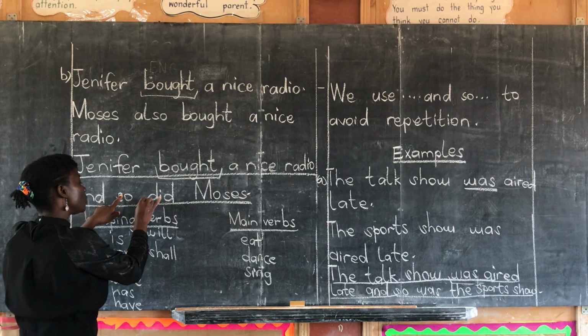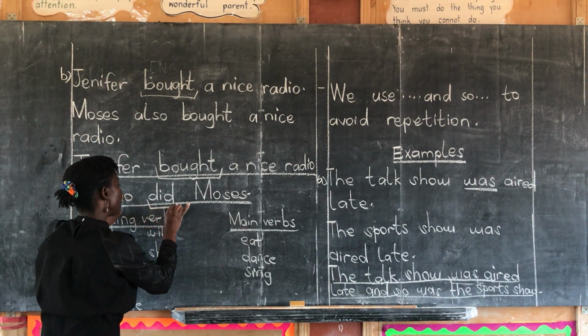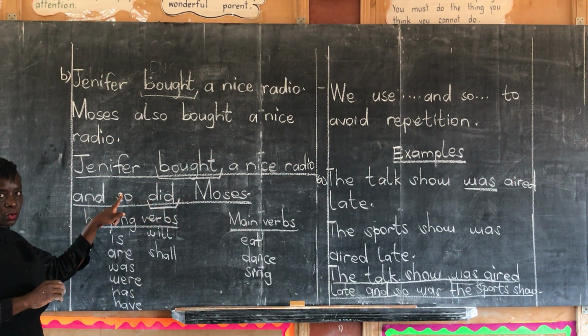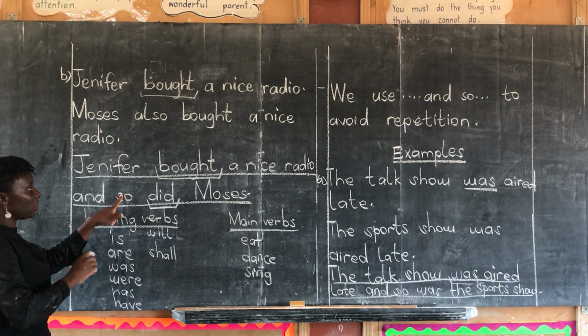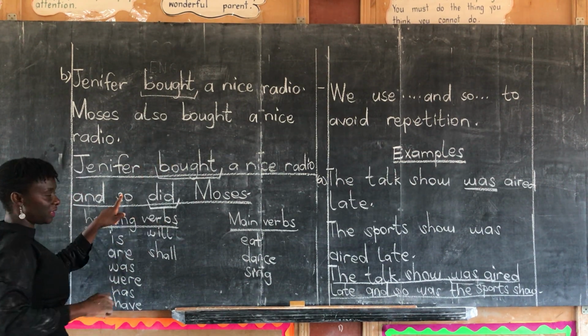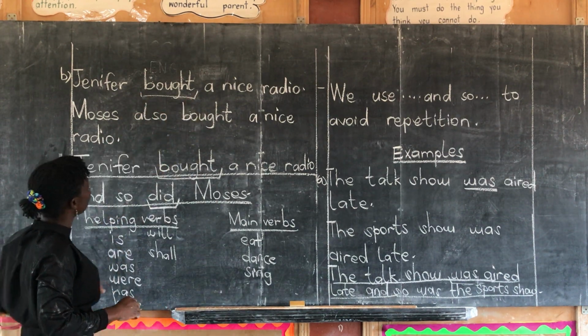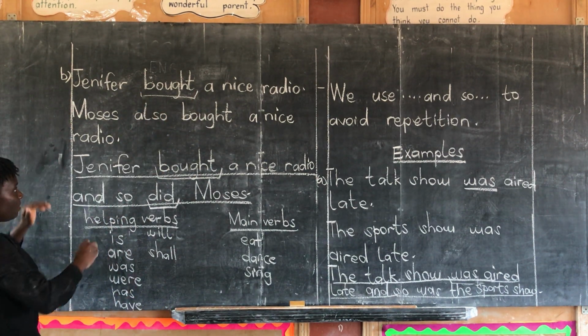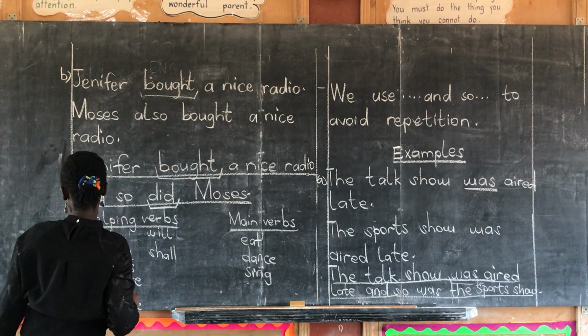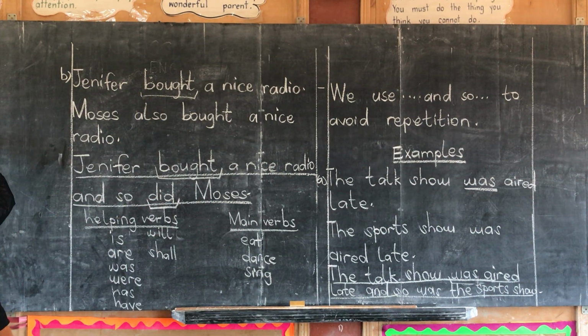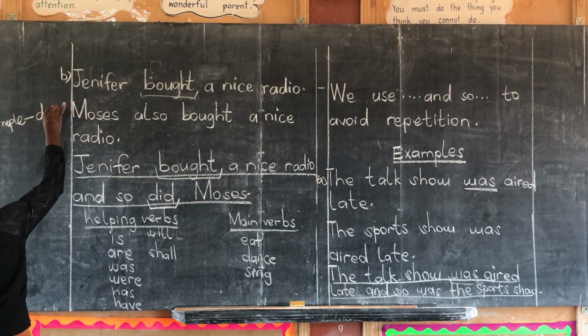But we are going to use a form of the verb do according to the tense in which the question is. Now this question is in the past simple tense, because of this verb bought. So if the sentence is in the past simple, we shall use did.